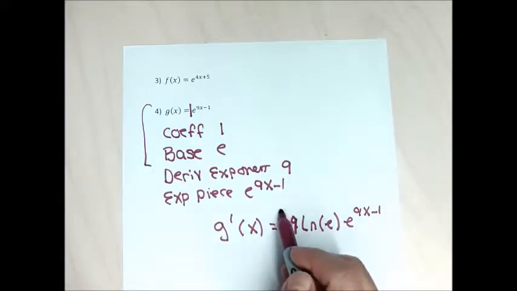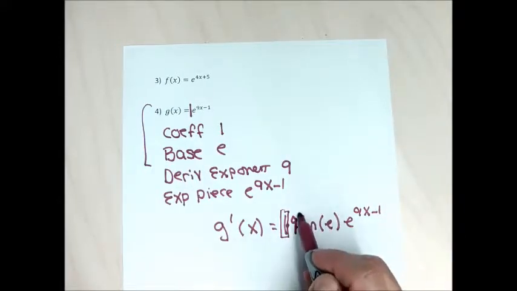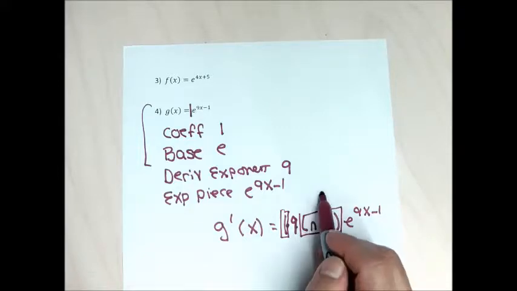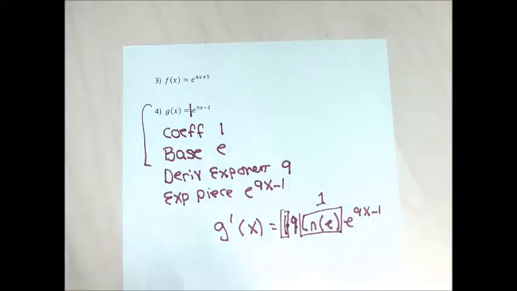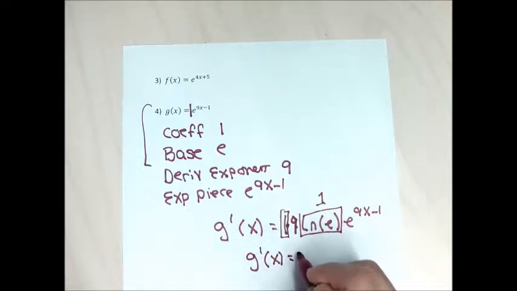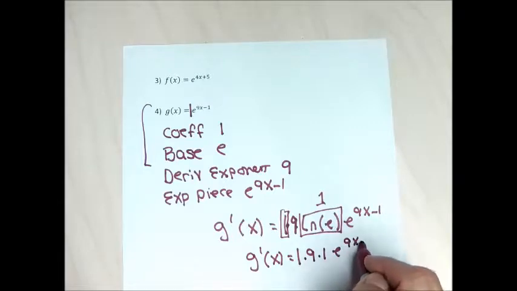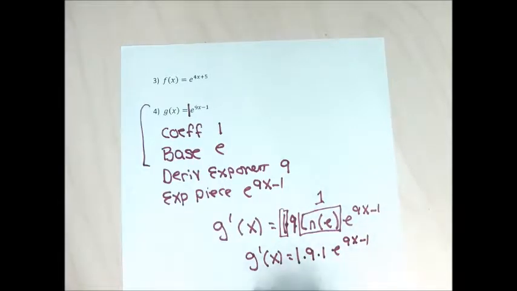I don't normally write the coefficient when it's 1, and I don't write the natural log of e because that's also equal to 1. So replacing the natural log of e with 1, I get 1 times 9 times 1, and you get 9e to the 9x minus 1.